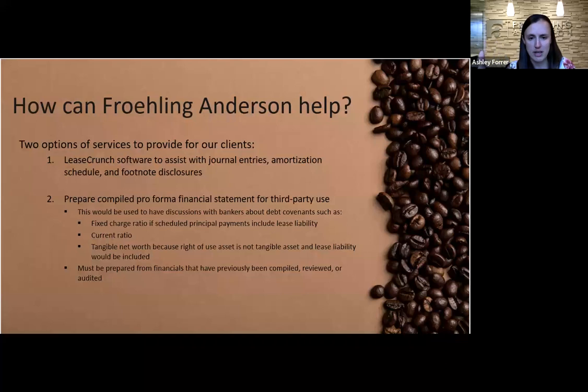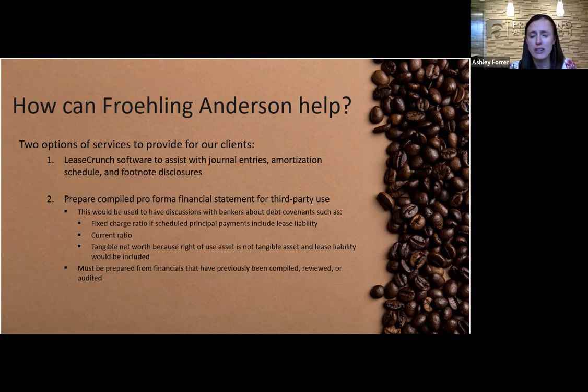So just a few examples of some debt covenants that could be impacted significantly with this and cause people to go out of compliance with their loan covenants, like a fixed charge ratio. If the scheduled principal payments, that's one of the amounts in that ratio calculation, if that doesn't have an exclusion for the lease liability, that could cause you to go out of compliance with that.